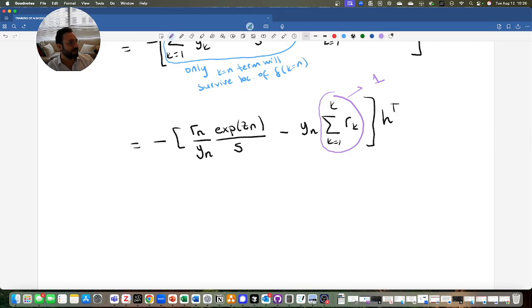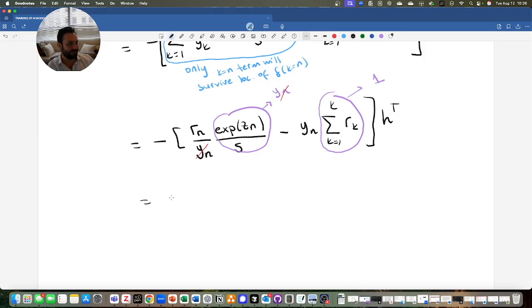And also let me do one more thing. Would you agree with me that exponential Zn over the sum is nothing but my Yn? So these guys will also cancel each other.